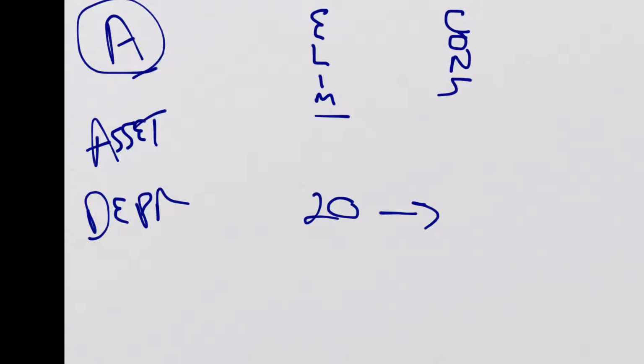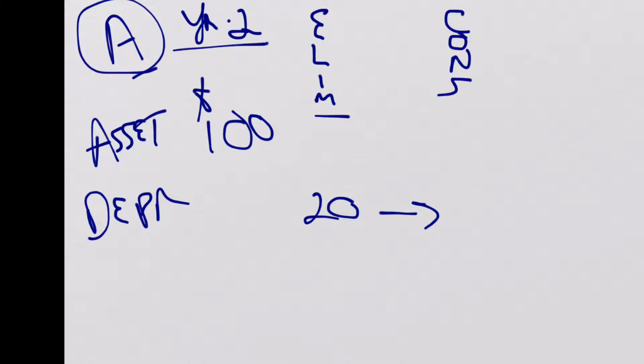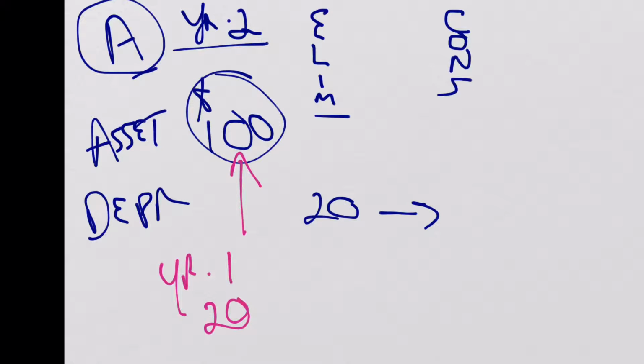But when it comes to the asset itself, we can't bring over the $100 in our A entry, because last year in year one, we reduced this by the $20 depreciation. So at the end of year one, it was really only $80 after the depreciation.